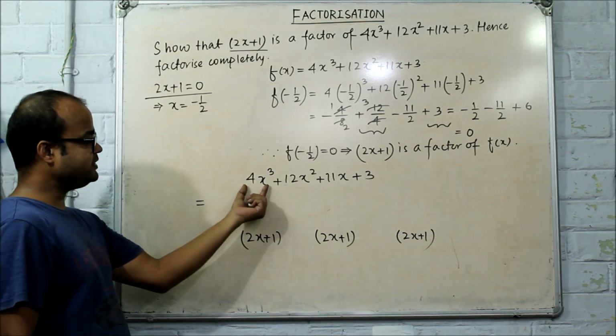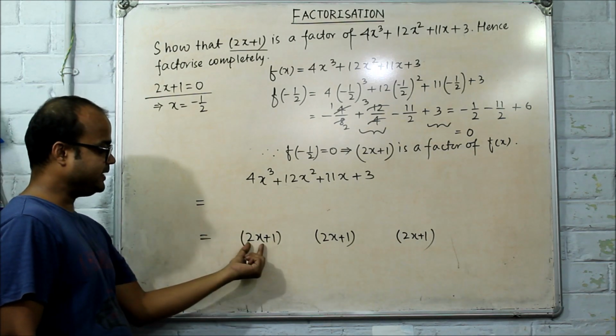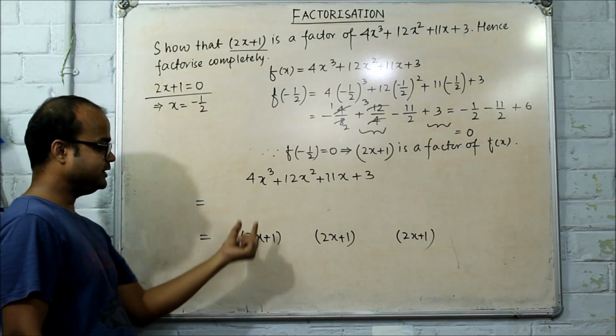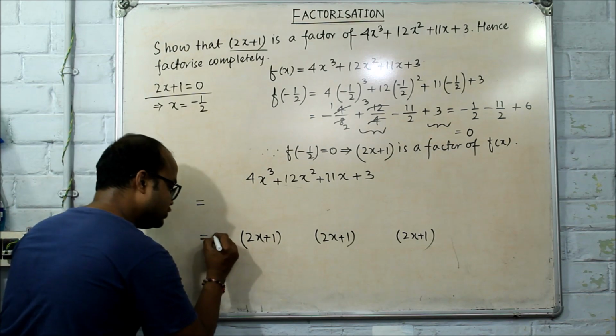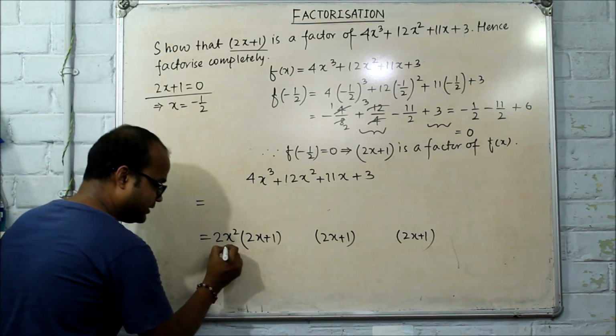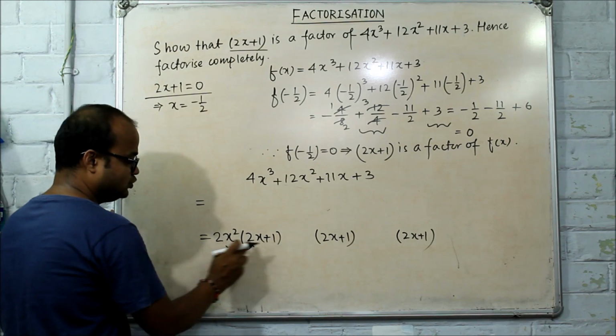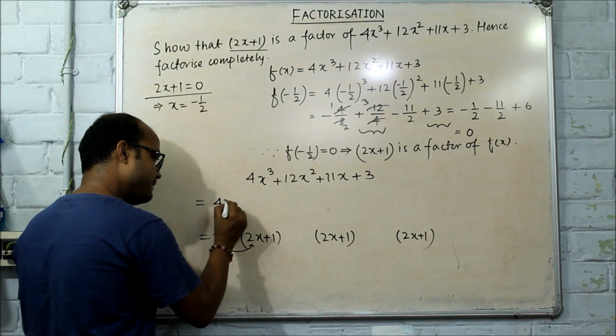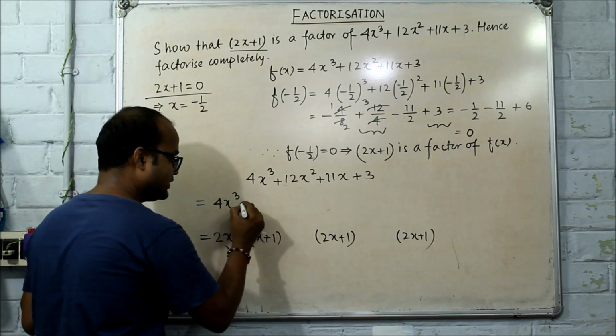Clear? The leading term is 4x cube divided by 2x. So we'll get 2x square. Clear? Multiply. So 2x square times 2x plus 1 gives 4x cube plus 2x square.